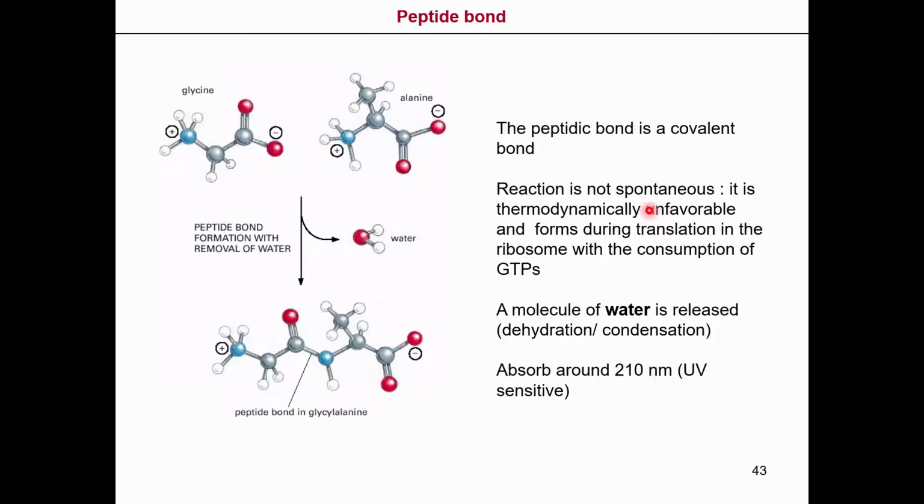It's not spontaneous, meaning it's not thermodynamically favorable, and it's formed in the body during translation in the ribosome. A water molecule is released, and it absorbs around 210 nanometers.